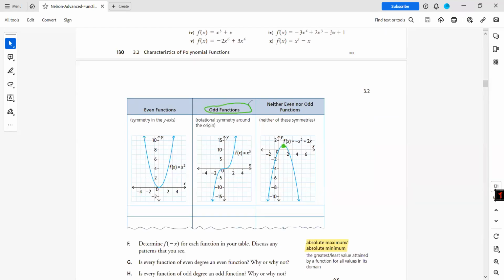For an odd degree function, on the other hand, we don't have an absolute maximum or minimum, right? Because the range of this function is infinite, as much as possible to positive infinity, as much as possible to negative infinity.